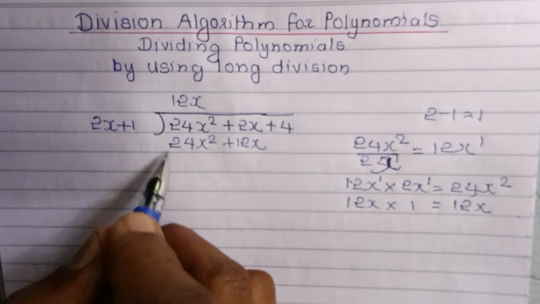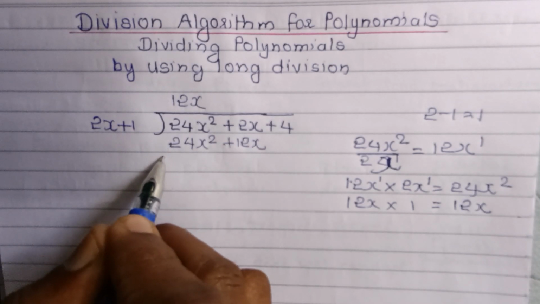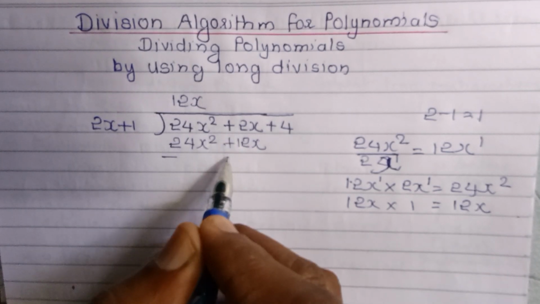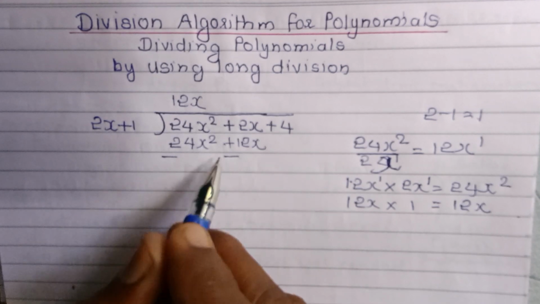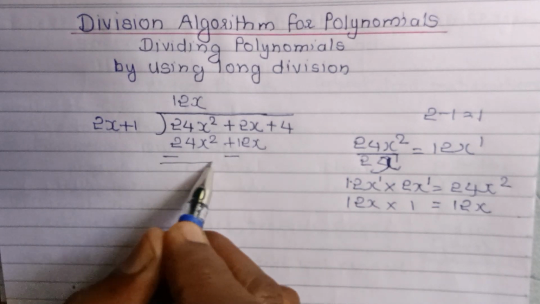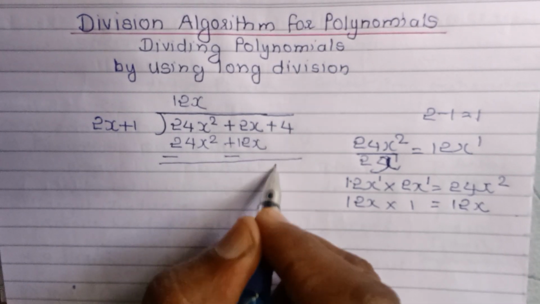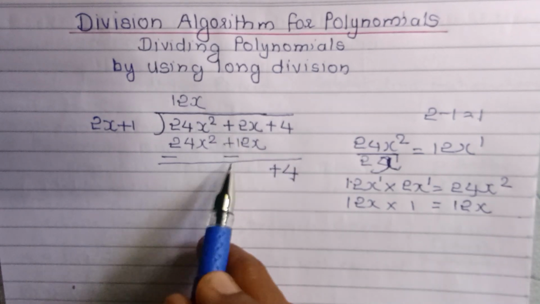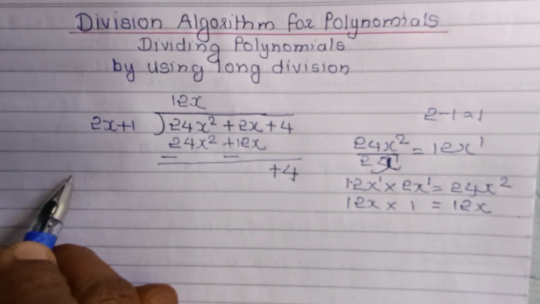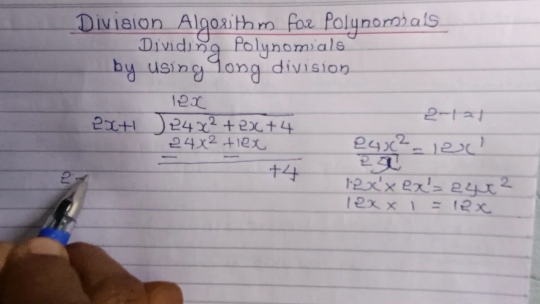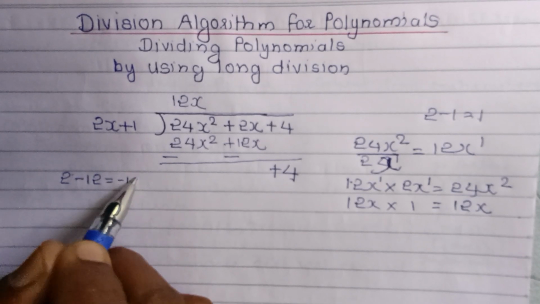Then you have to change the sign. This is plus, therefore you have to write minus sign here. This is plus 2, minus 12. So 2 minus 12 is how much? Minus 10.